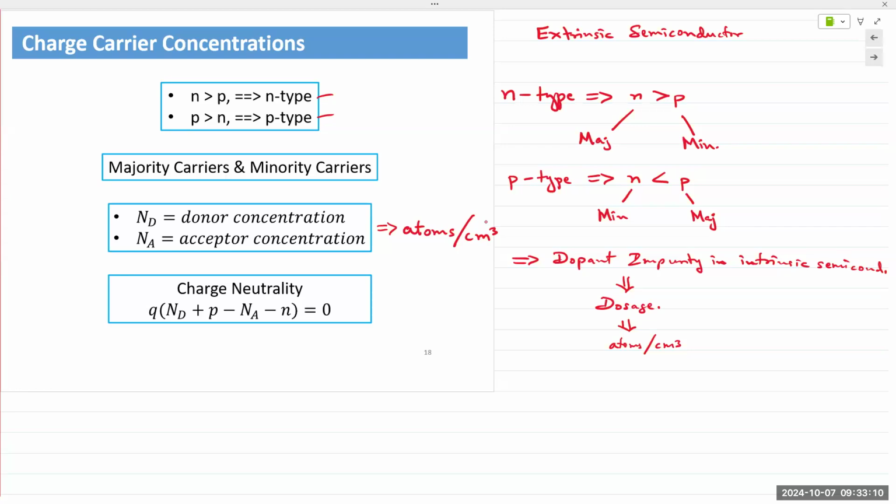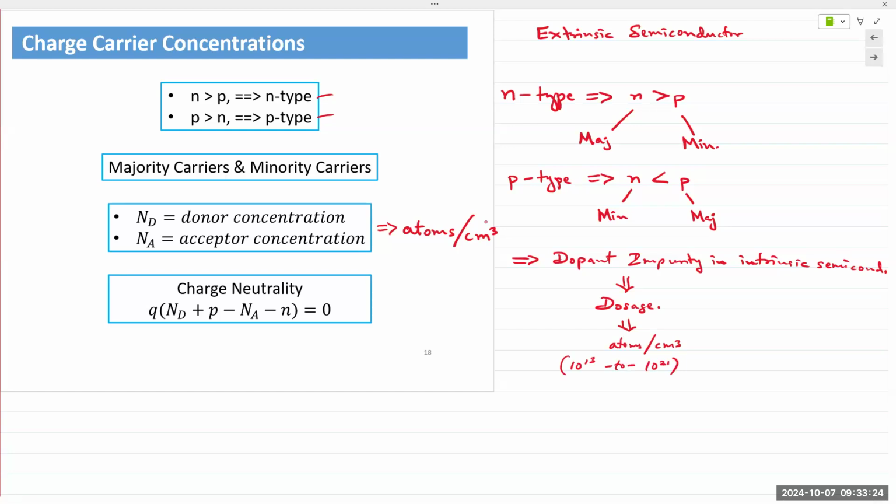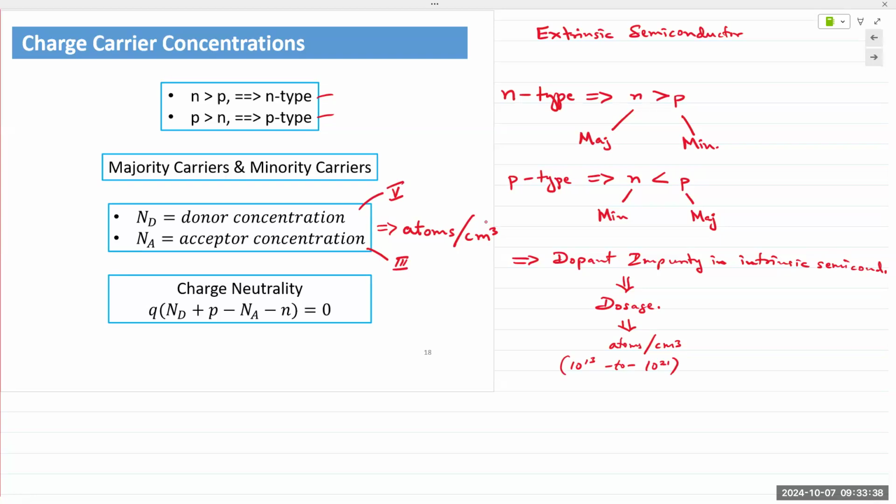And typically these numbers are about 10^13 to 10^21. So if it's a column 5 element, then it has 5 electrons. It donates an electron, and so they are known as donor atoms.